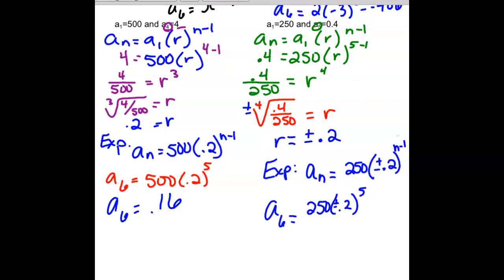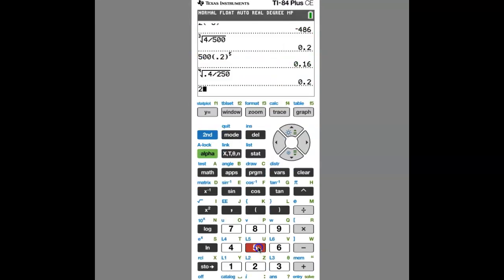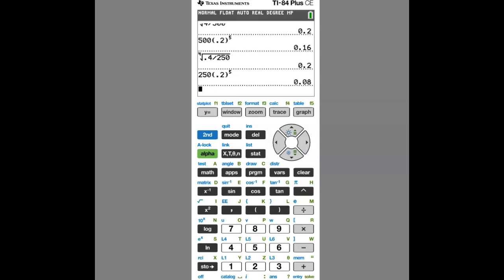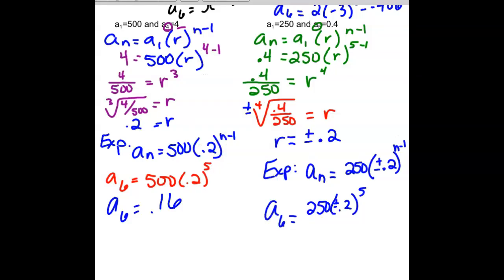All right, 250 times 0.2 to the 5th power. So using the positive, we get 0.08 or 8/100ths. Using the negative, we would get negative 8/100ths. So my answer could be positive or negative 8/100ths.